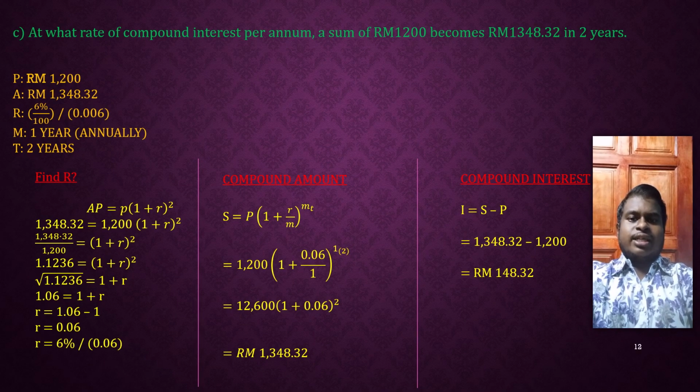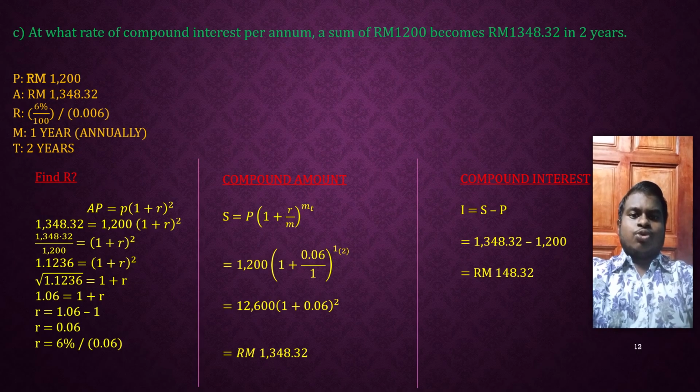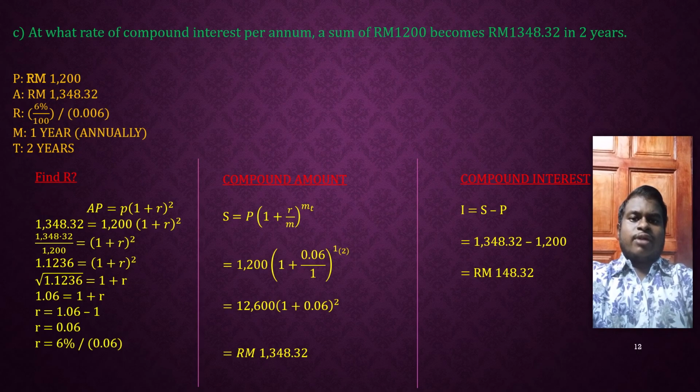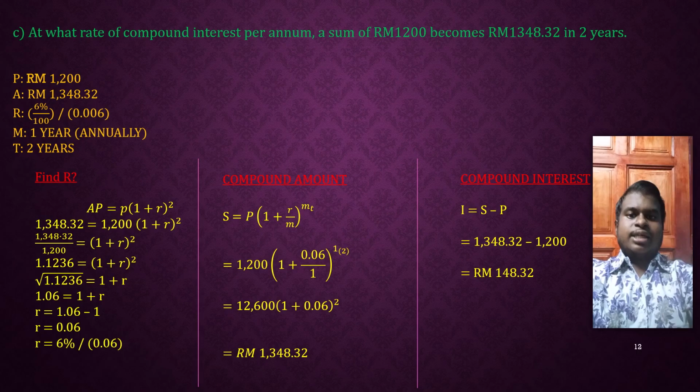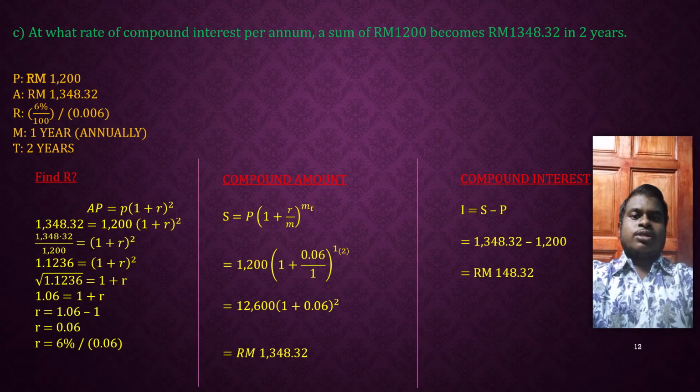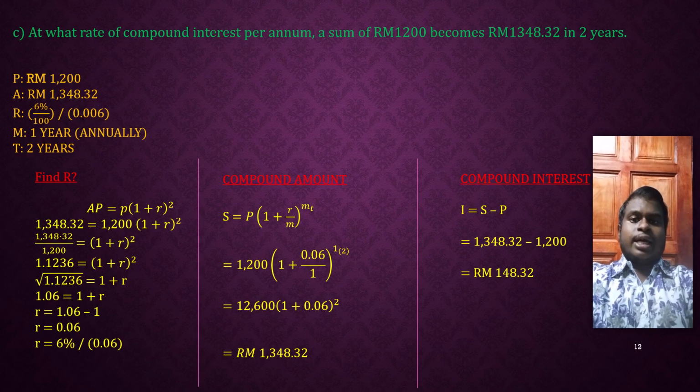Now the question is, at what annual compound interest rate does RM 1200 become RM 1348.32 in 2 years? We need to find the annual compound interest rate needed for RM 1200 to grow to RM 1348.32 in 2 years.